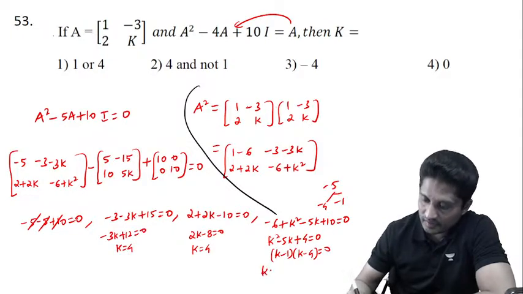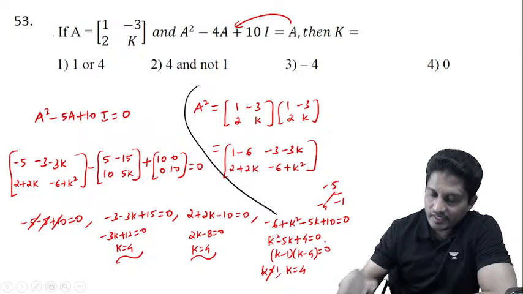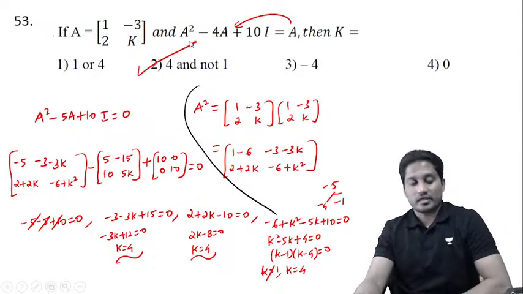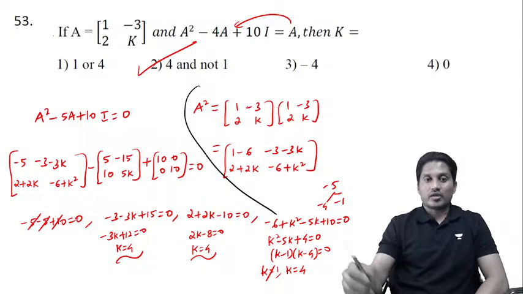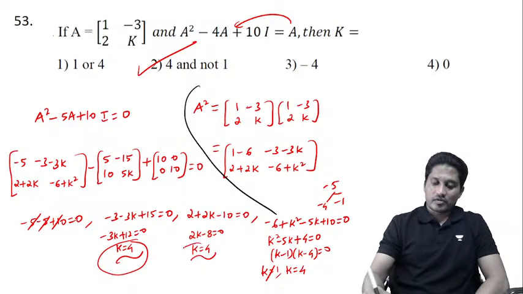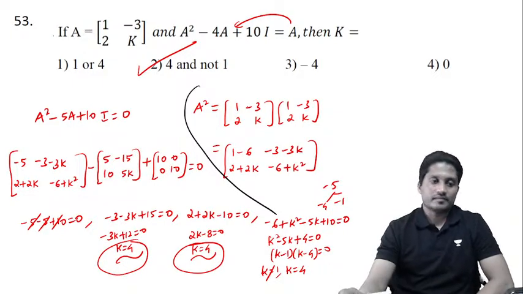K is equal to 1 and k is equal to 4. K equal to 1 doesn't satisfy these two, only k equal to 4. Good question, guys. So the valid answer is k equal to 4 but not 1.